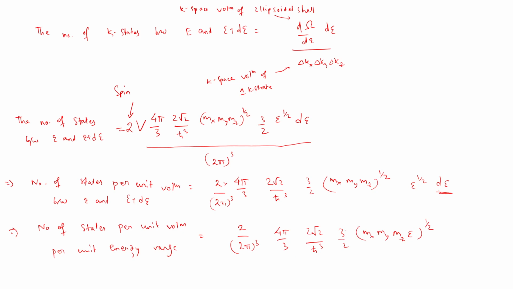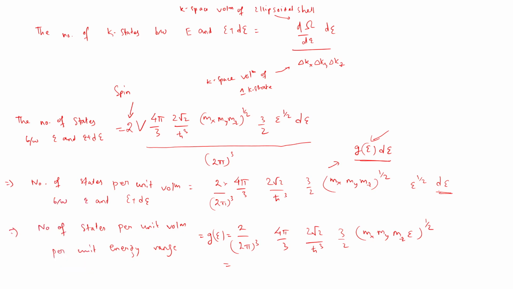Now it is just a matter of simplification. This is nothing but your definition of density of states, and this quantity is nothing but g(E). The number of states per unit volume between energy E and E plus dE is given by this quantity, and this is your density of states expression.